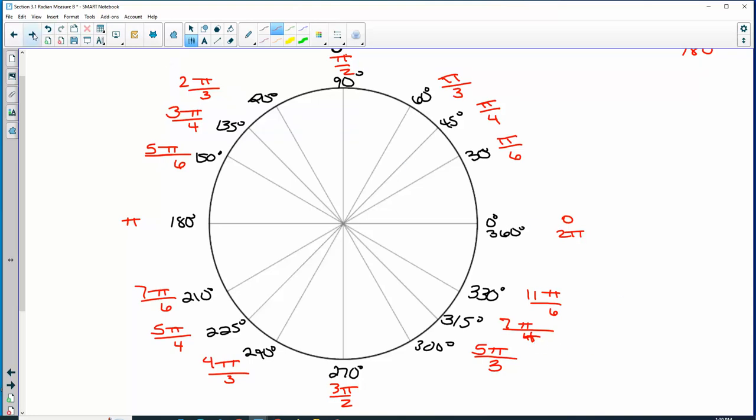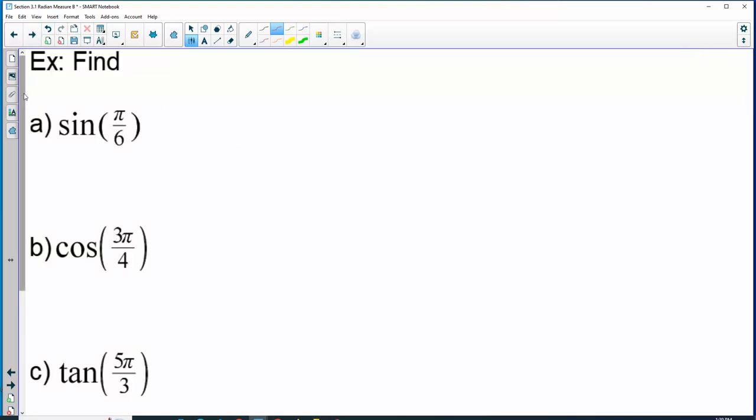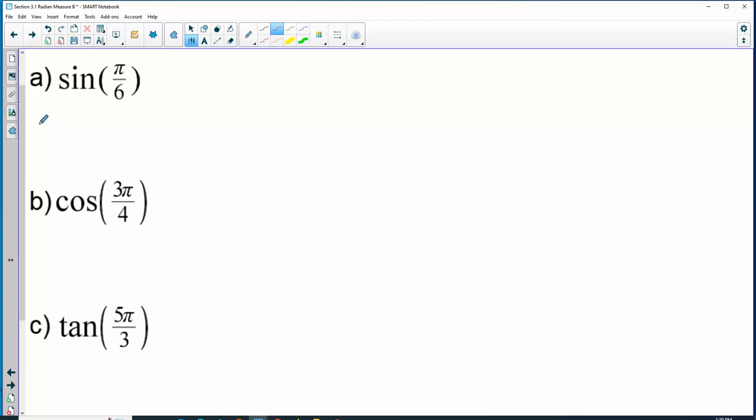All right. So what I want to do now is kind of a combination of those two problems. We evaluated a bunch of our trig functions. We've talked about the unit circle.